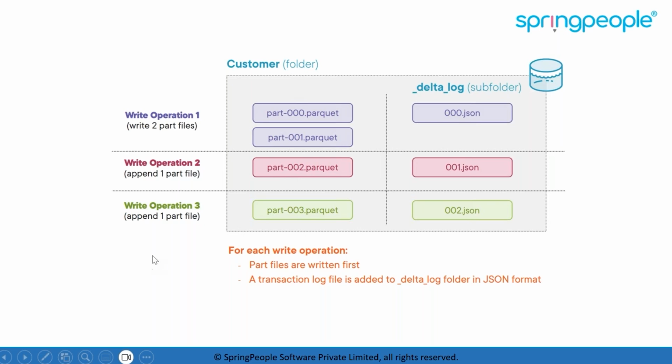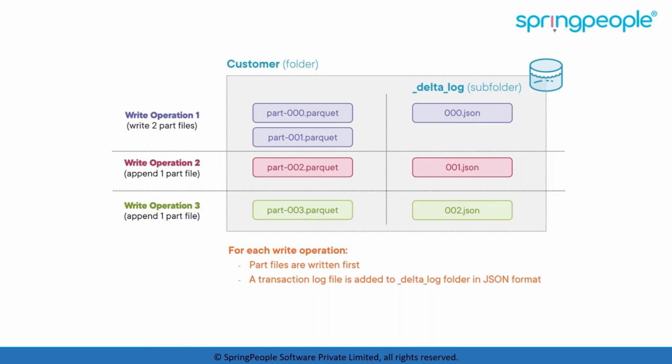And then whenever a user adds another file, it is going to add that partition file here first, and then it is going to maintain the log. Once the JSON file is generated in the subfolder, this is an indication that your transaction is completed. That append operation or write operation that you are performing is successful. That will be measured with the generation of this JSON file.